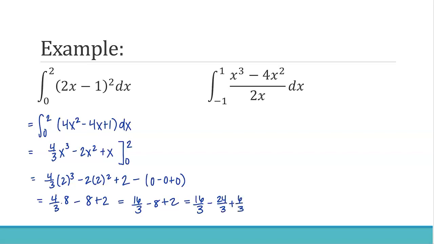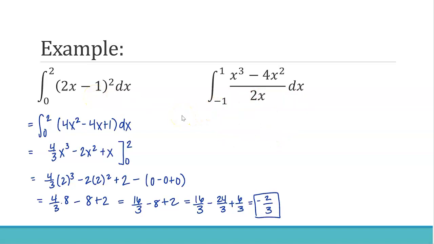So we get negative 8 plus 6, so that's negative 2/3. So we get negative 2/3 as the answer to this definite integral using the Fundamental Theorem of Calculus, where we take the antiderivative of the integrand, but first we rewrote the integrand after multiplying everything out and not doing that common mistake of distributing the exponent, which we cannot do.